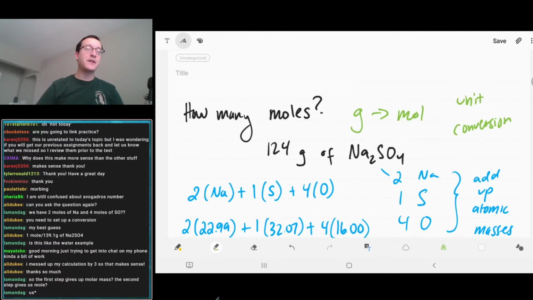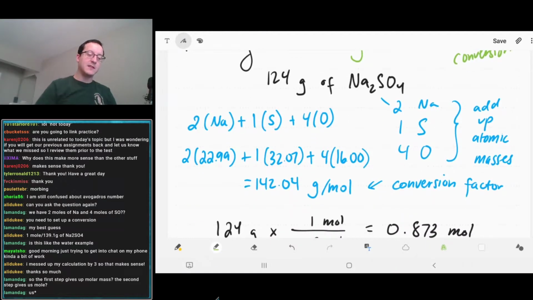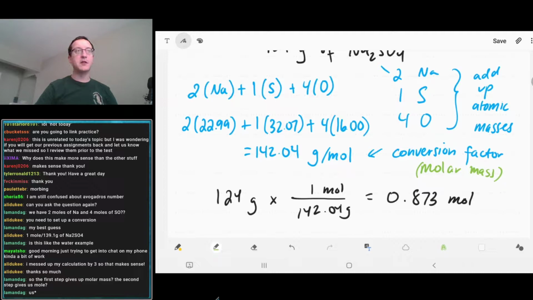The conversion factor that will take you between grams and moles will be the molar mass. So the first step gives us the molar mass, which is our conversion factor. And then after that, we can actually do the conversion, and then poof, we get our answer.